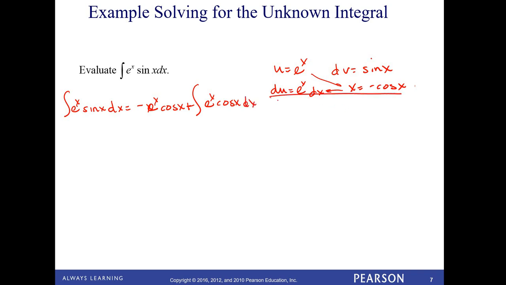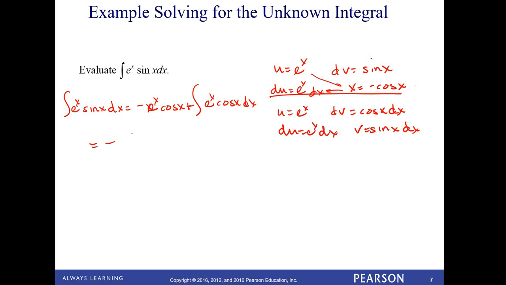Okay, so I've done this once. I know that I'm going to need to do it again. So u equals e to the x, dv equals cos x dx, du is e to the x dx, v is going to be sine x. So let's see what we have now.